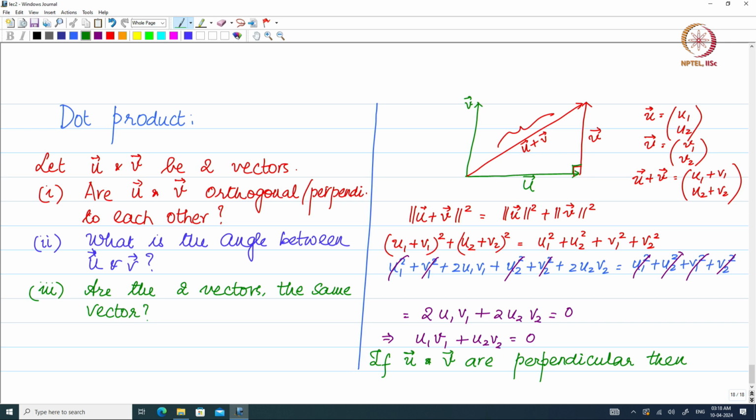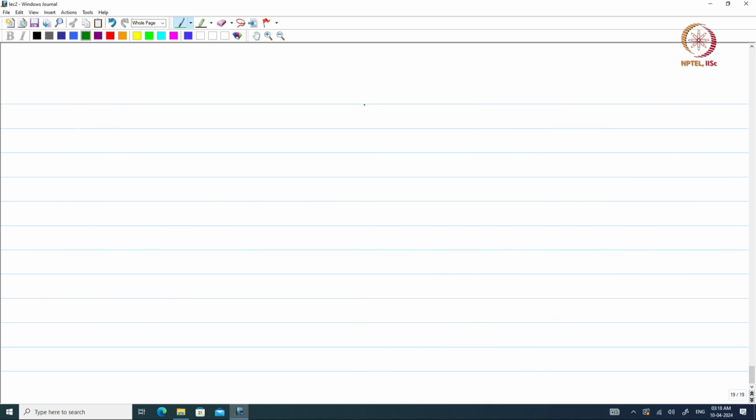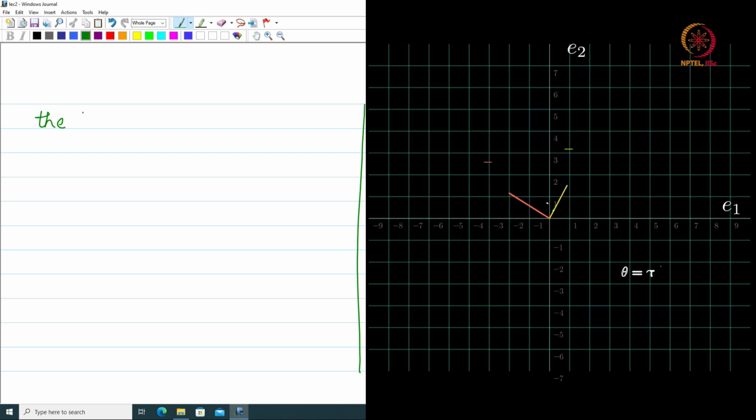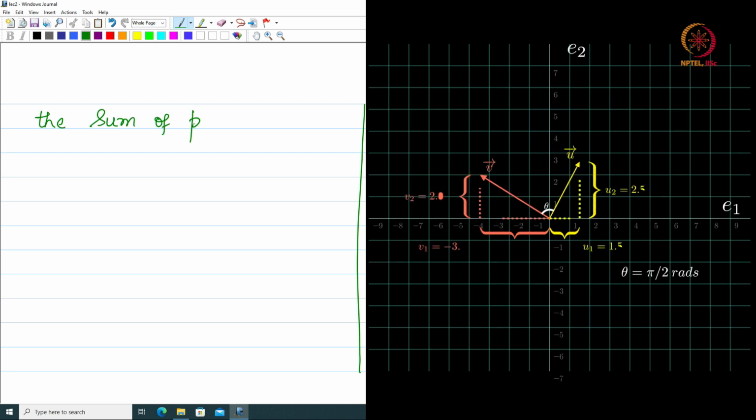Then the sum of products of their components is 0.